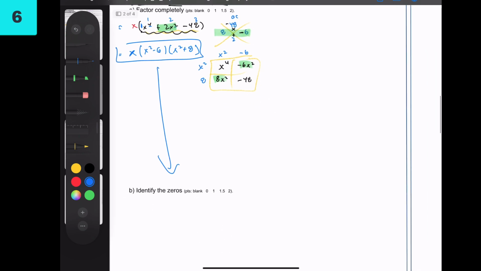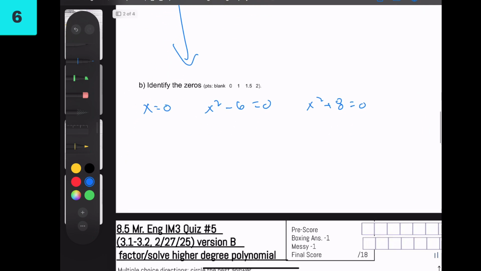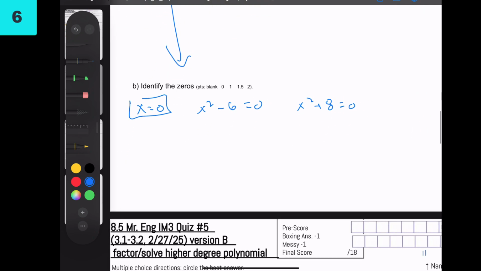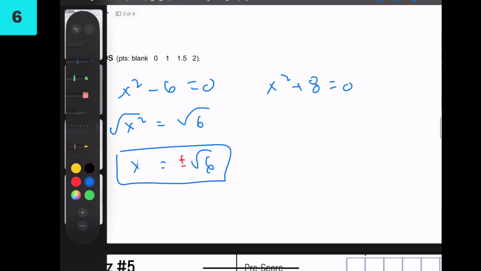Okay, to solve that, you just set each of them equal to 0. So that's an answer. I'm going to add 6 to both sides. Square root, x squared equals, remember, plus or minus radical 6. This one's a little bit tricky.